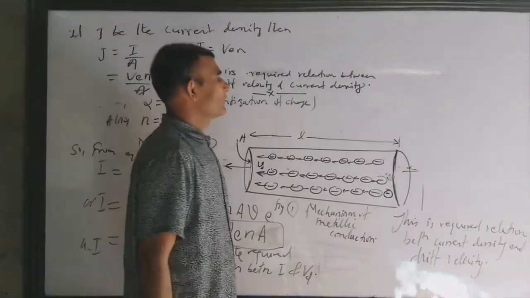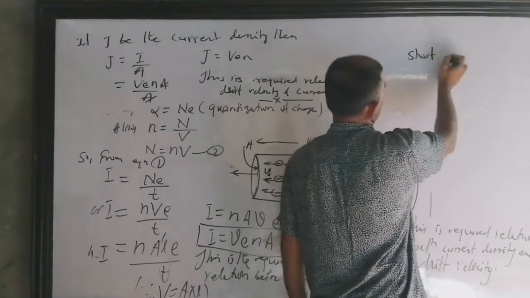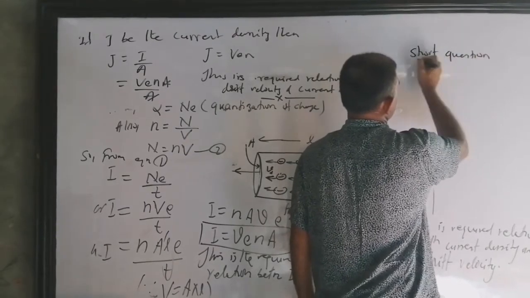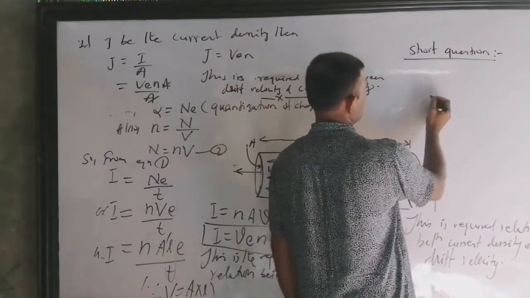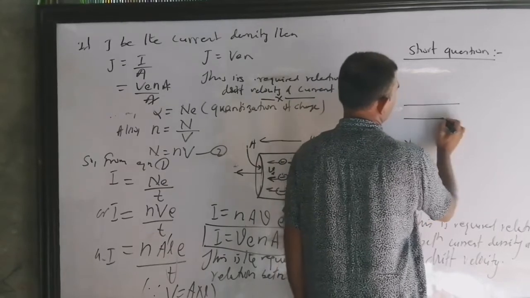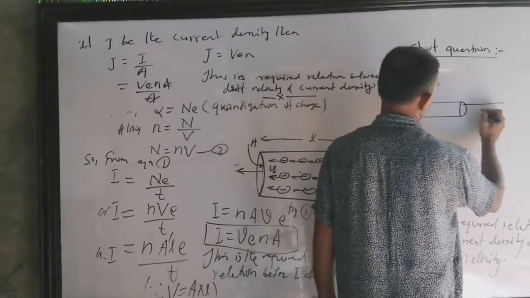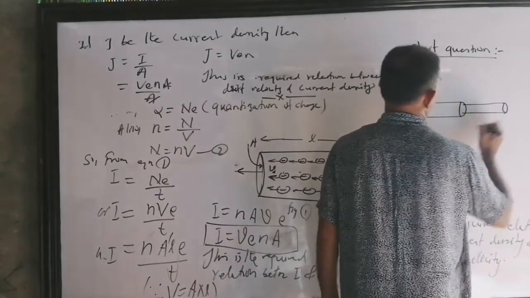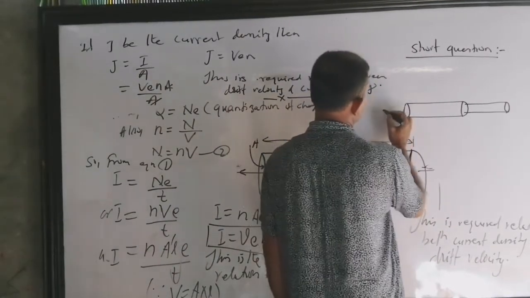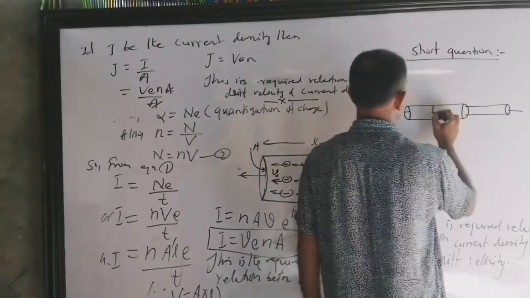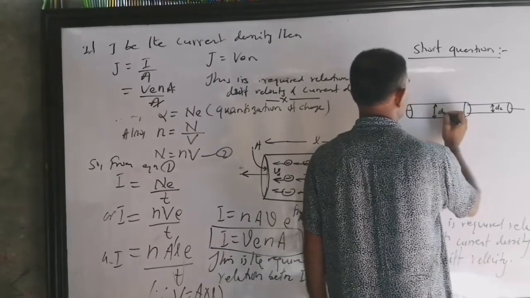Okay, and one short question for you, short question 1. This is a very interesting short question, and you may go on writing the short question also. The question is: what will be the drift velocity if the radius, that is the area of cross section, at some portion of the wire becomes half? There is one single wire with two diameters, one thick portion and one thin portion, diameter D2 and diameter D1.